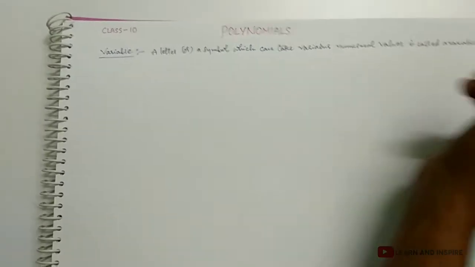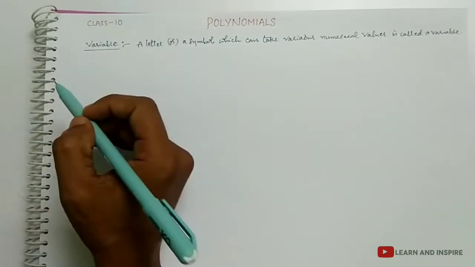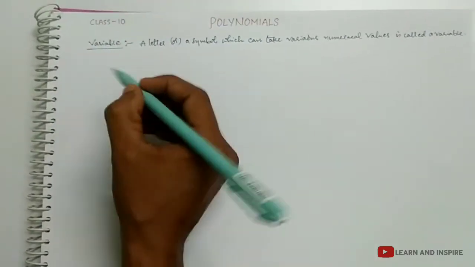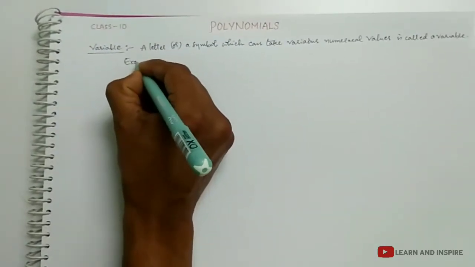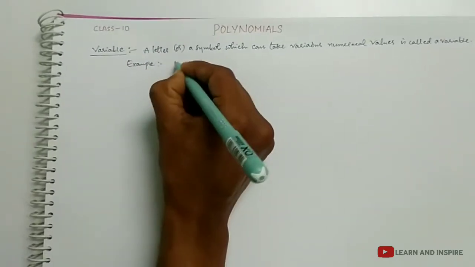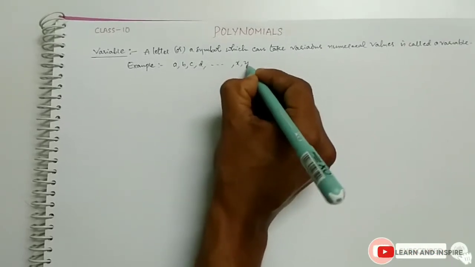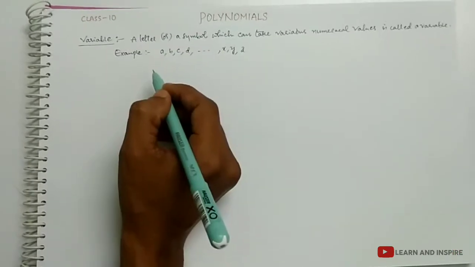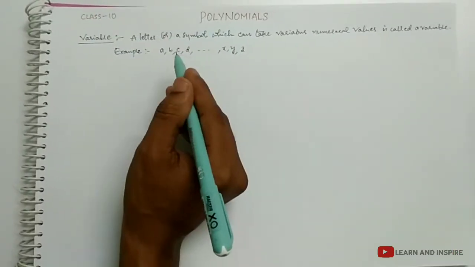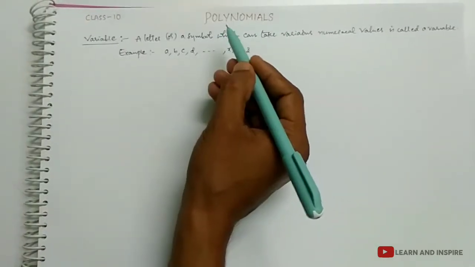Simply we can say that the value which changes is called a variable, and it is represented by the letters a, b, c, d, so on, x, y, z. We can take any letters to represent a variable. So this is the first key concept before starting this topic.